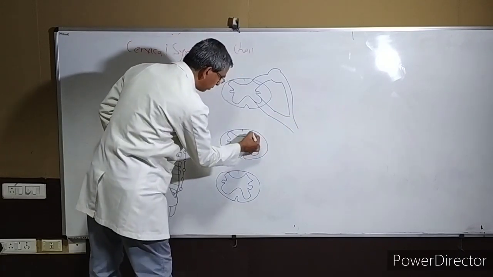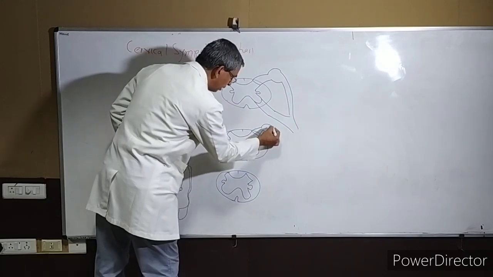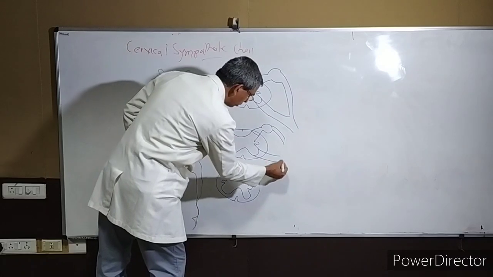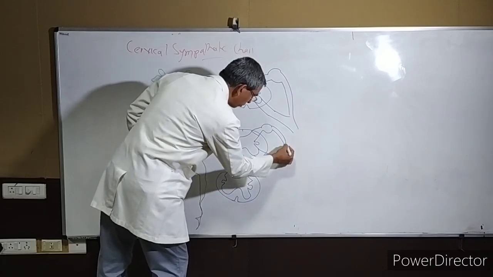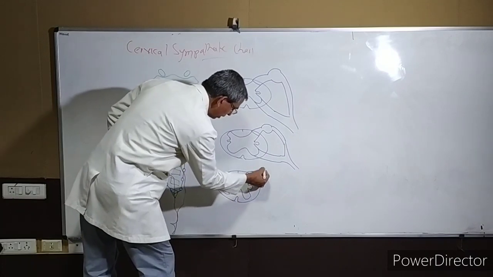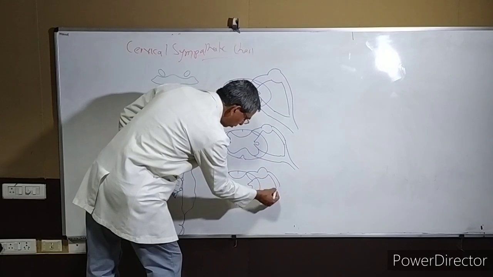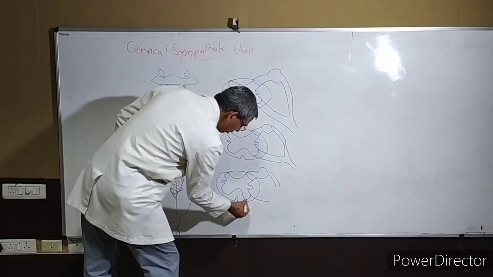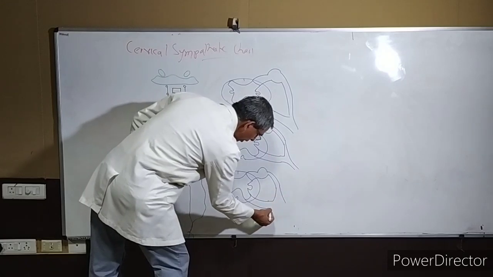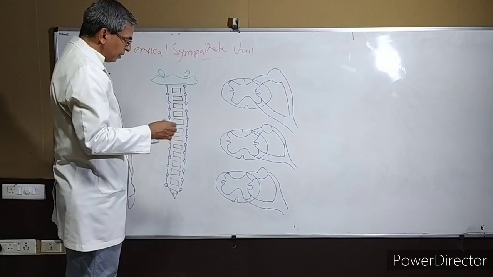Same thing in another segment: the dorsal root unites with the ventral root to form the spinal nerve. Another segment here, the same.